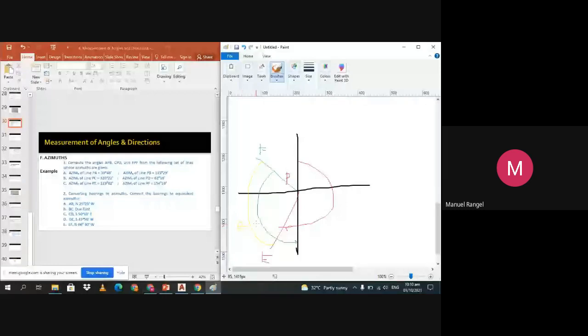Okay. So given the 154 and 180, subtract it from 180 degrees, from this 219, so we can compute this angle.